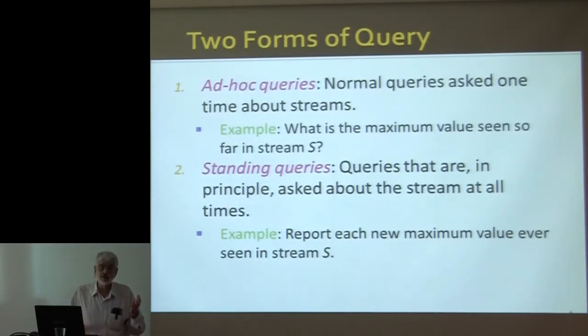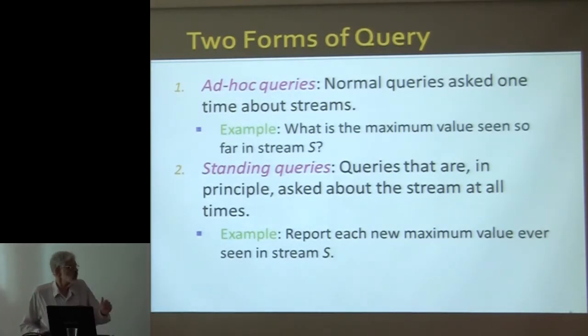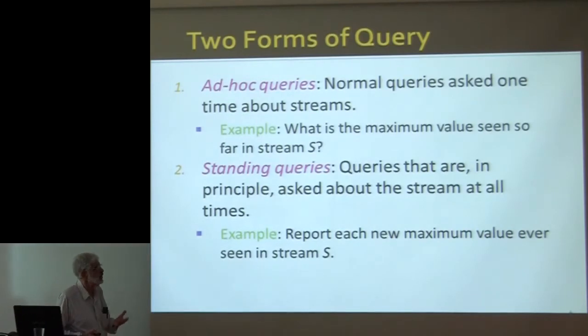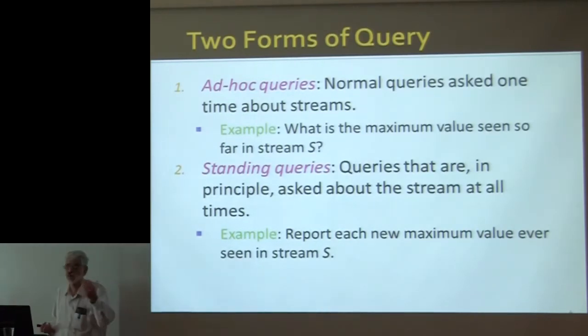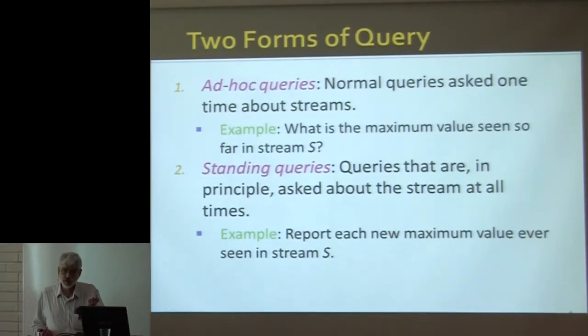So nobody's asking for that, or you ask for it once and it applies forever. The system has to just spit out the answer every time there is a new maximum value. It's not too hard to imagine how you would do that. Again, you keep the maximum value. Every time a new value comes in, if it's bigger than the previous maximum value, you not only change the maximum value, but you spit out the new value in the outputs.